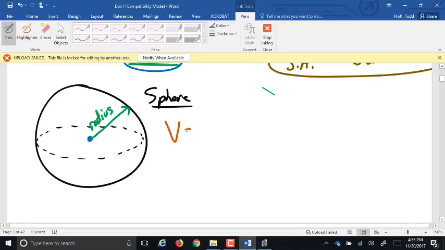The volume of a sphere is equal to 4/3 times pi times the radius cubed.